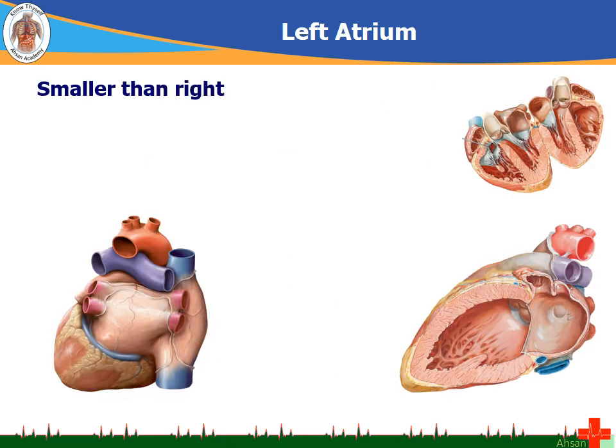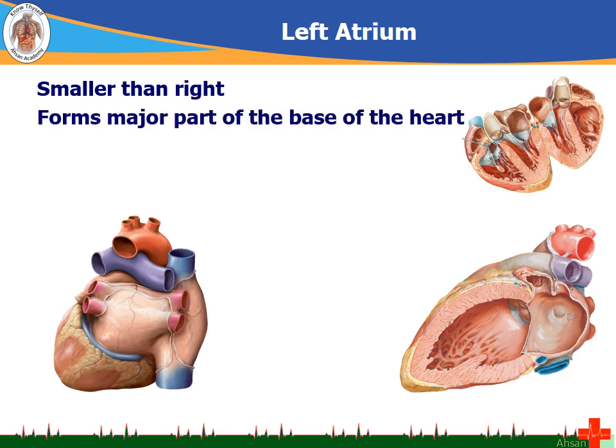The left atrium is smaller than the right atrium, and it forms the major part of the base of the heart. Its wall is relatively thicker than the right one because the pressure of the blood inside is higher than on the right side.